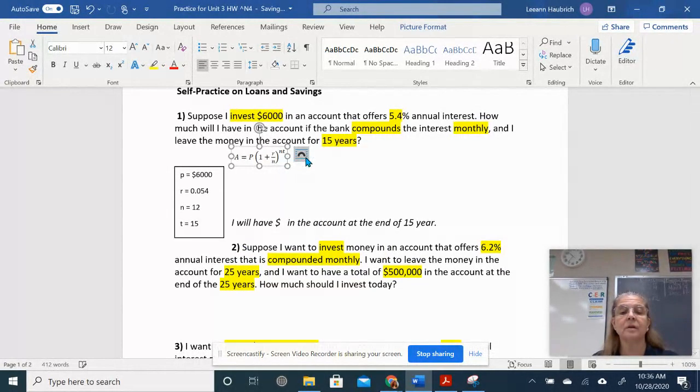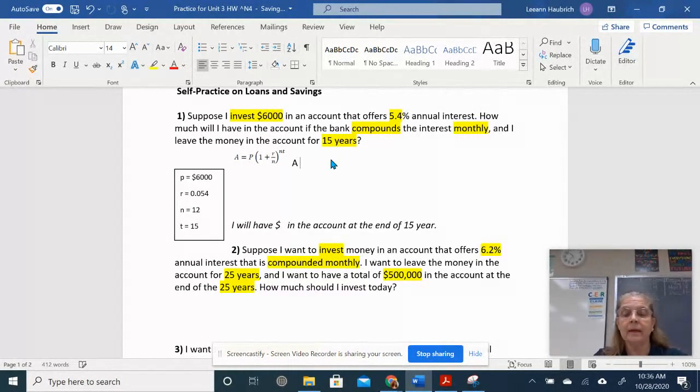So over to the right of it, A equals, well, what's my principal? It's 6,000, and that's going to be times 1 plus, I need my interest rate divided by my number of times.